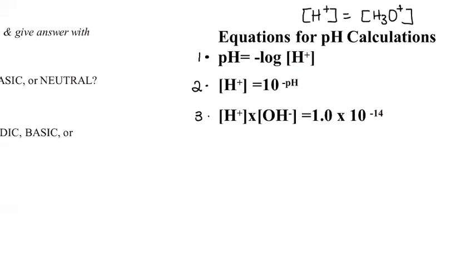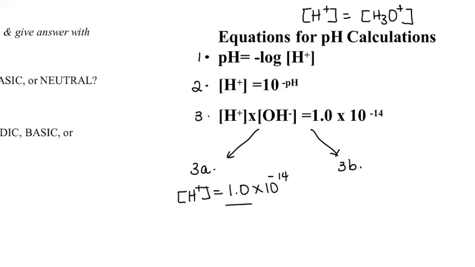Now, equation number 3, we can actually separate into two. So I'm going to call this 3A and 3B, okay? Utilizing this equation, I can say 1.0 times 10 to the negative 14 divided by the hydroxide concentration can give me the concentration of proton in my solution.